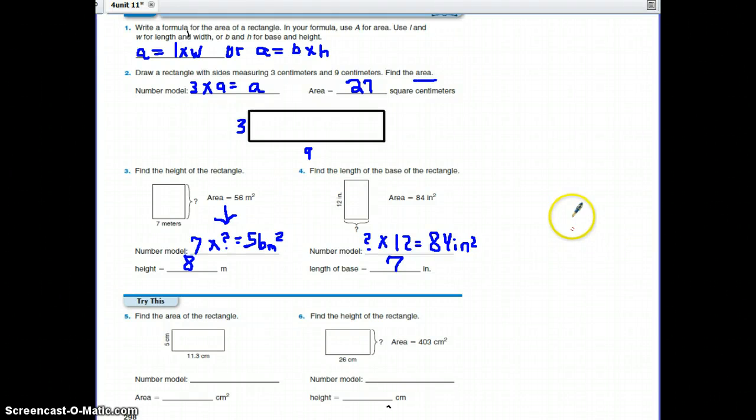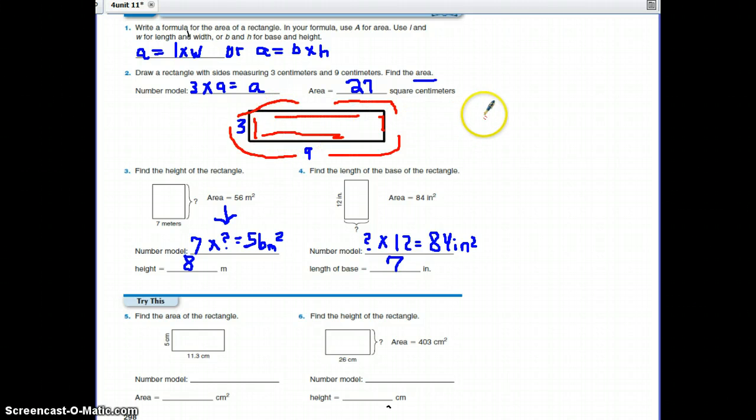Now before we go on with area, this would be a good time, I think, for you to figure out perimeter. Perimeter is when we're looking at the numbers around the outside of the box. So we have to make sure that we're adding, if there's 4 sides, 1, 2, 3, and 4. I need 4 numbers to add. Well, so far I only have a 3 and a 9.